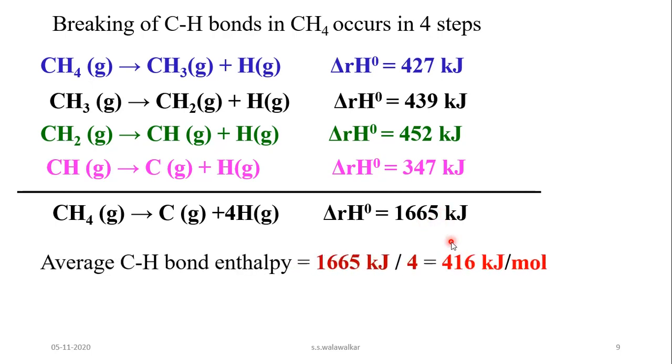So bond enthalpy of single carbon hydrogen bond is the average bond enthalpy, and it is equal to 1665, this is the total bond enthalpy, divided by number of bonds 4. So 1665 divided by 4 gives you 416 kilojoules per mole. This is the standard bond enthalpy of carbon hydrogen bond. It is equal to 416 kilojoules per mole.